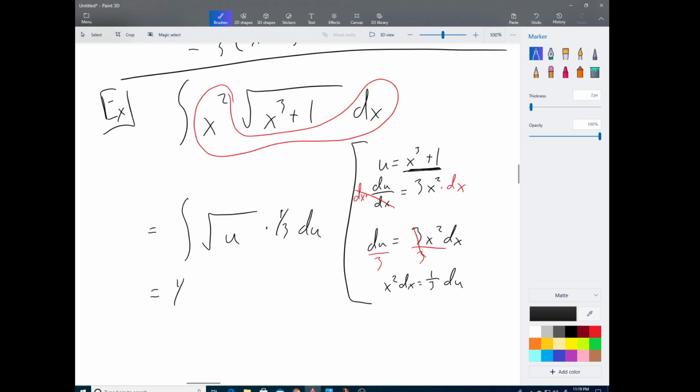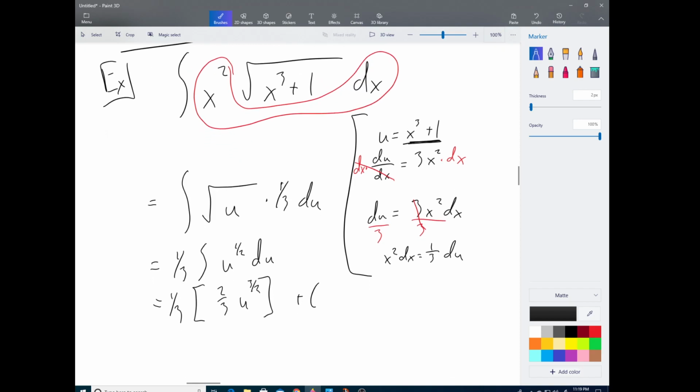I'm going to put the 1/3 out in front because it is a legal move to pull that out of the integral. I'm going to change the u to its power form because integrals and derivatives are always easier in power form. And as I take the integral, I'm going to add 1 to the power and then multiply out in front by the reciprocal of that power. And then, of course, put in a plus c.